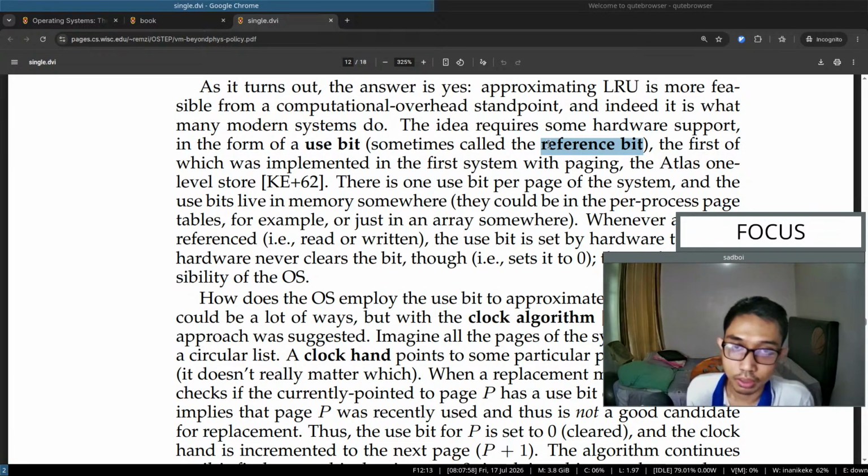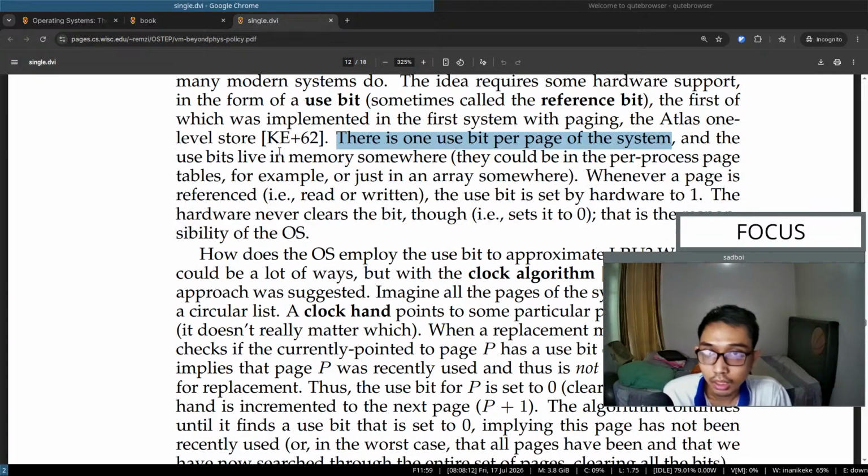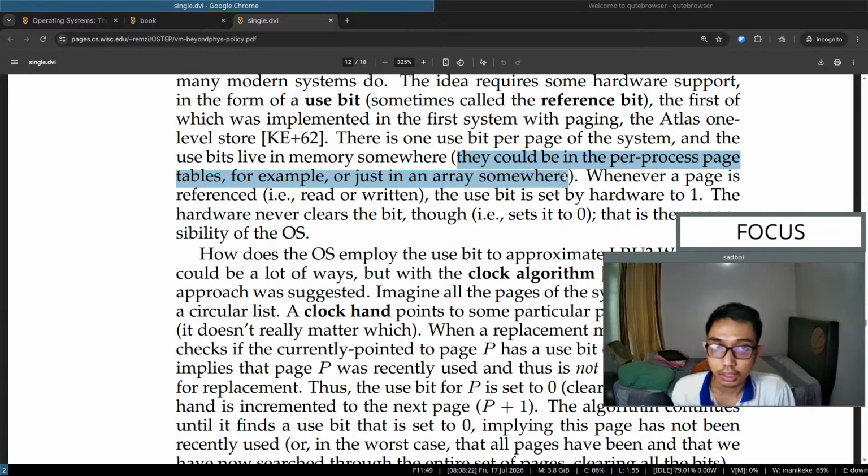What kind of information do we store in the page table entry? If I remember correctly, there is one use bit per page of the system, and the use bits live in memory somewhere. They could be in the per process page table, for example, or just in an array somewhere.